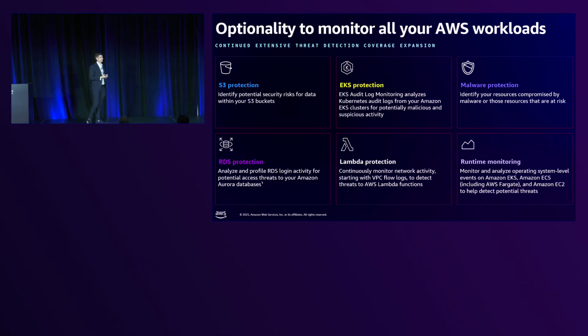RDS protection allows you to detect primarily brute force attacks, where we observe all the different login attempts, whether successful or unsuccessful, and then alert you if, for example, there were 100 attempts to log in to a specific RDS instance, all of them failed, and then one attempt was successful. And that was done from a new location that typically is not used in that AWS account. That's obviously something you might want to take a look into.